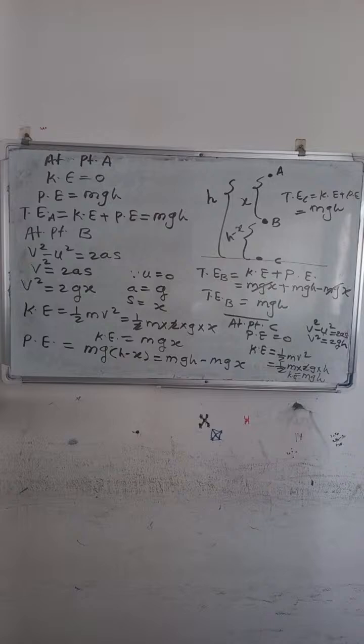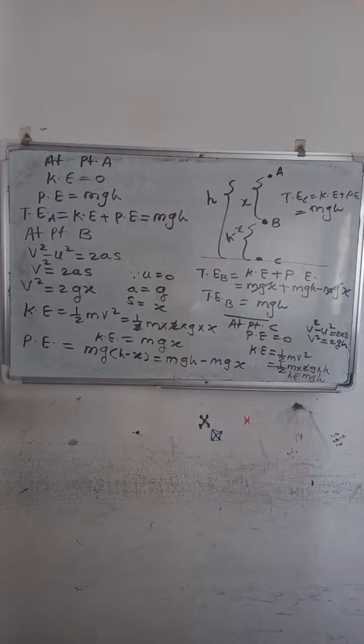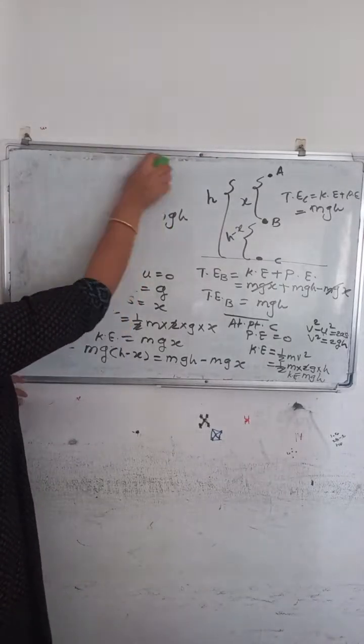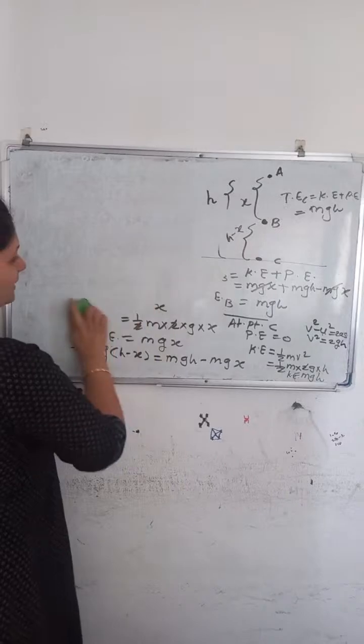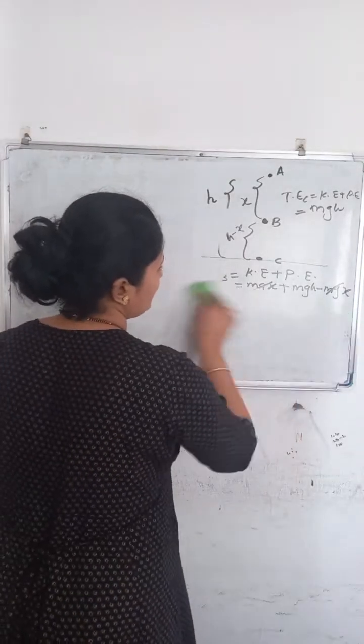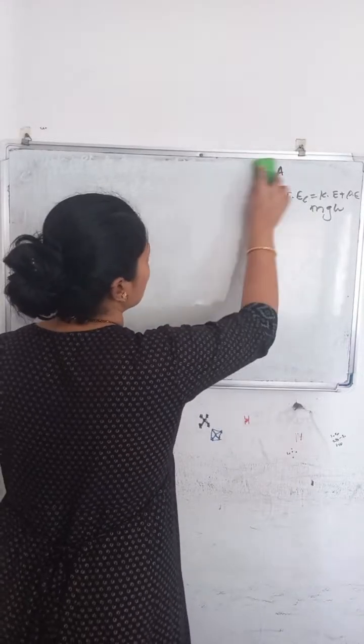Okay, everyone understood this? Then we can draw the graph for total energy. Here, in all the cases, as potential energy increases, kinetic energy decreases. As kinetic energy increases, potential energy decreases.